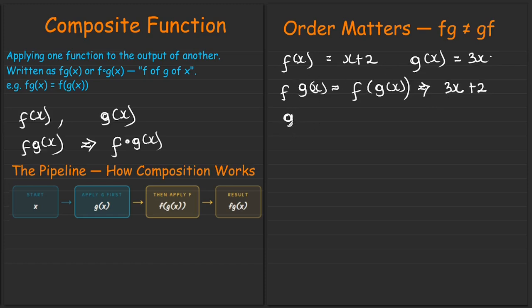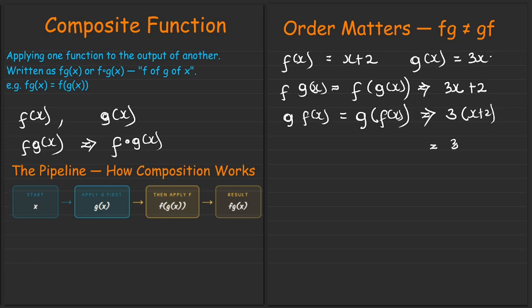But if you want g of f of x, then it simply means that we have our function g and we are substituting its x value with f of x. That is going to give us 3, then wherever we see the x, we put all of this there, which is x plus 2.